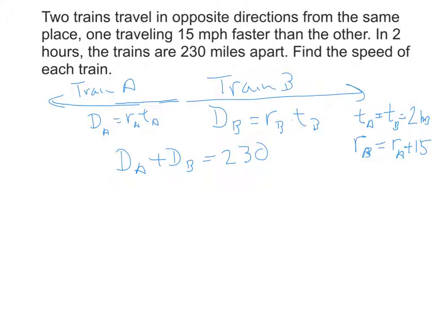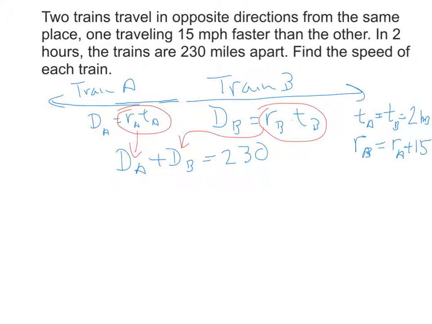What we do at this point is we substitute in everything we know and replace D sub A with R sub A times T sub A, except T sub A is just 2. We replace D sub B with numbers that we know.